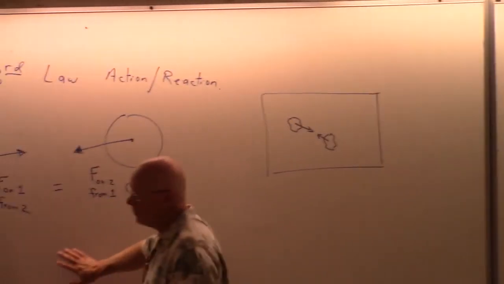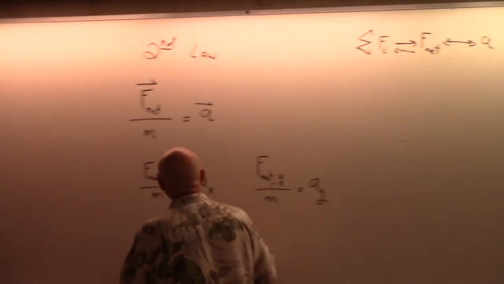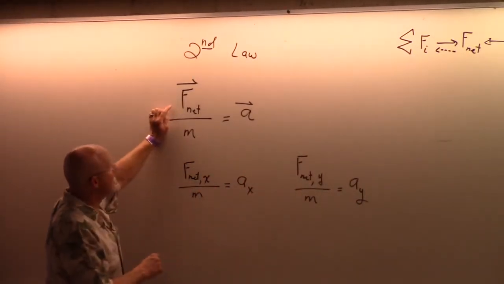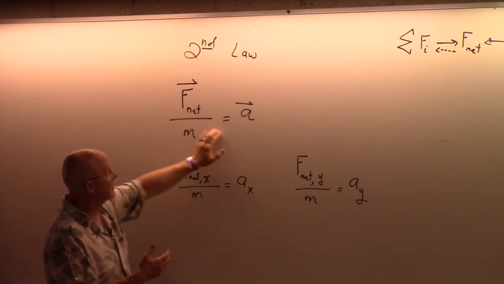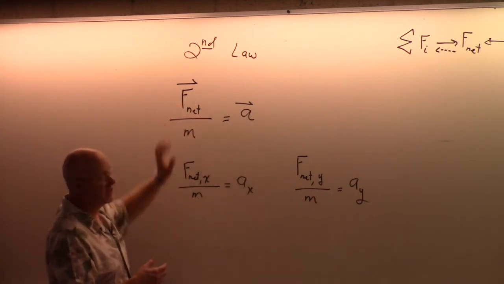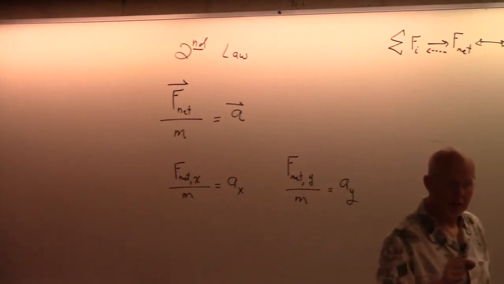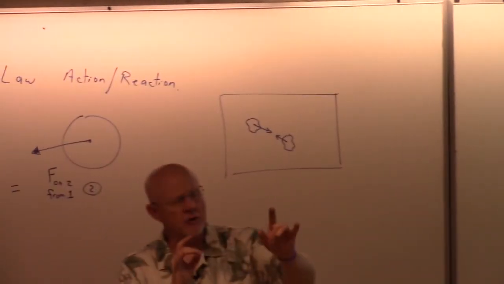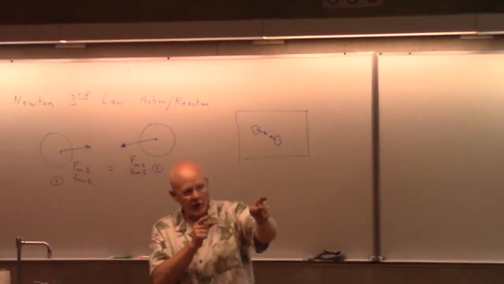This is where the third law and the second law can be a bit challenging for beginning students. When you say the net force and you add up all the forces to get the acceleration, I want to emphasize that would be all the forces on that object. For example, if I look out there and I see a car and I want to know the acceleration of that car, then I need to look at all the forces on that car.